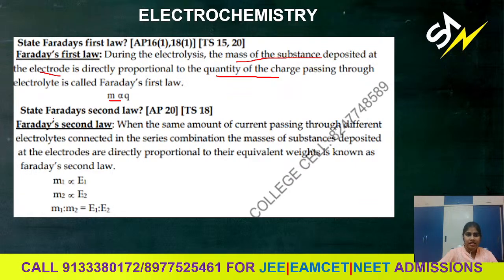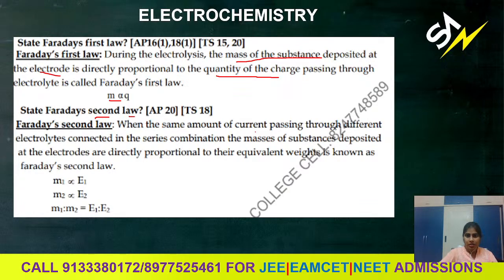And next similarly write the formula of the second law also. So what is the formula of the second law? We are comparing here two different electrolytes. So see the definition.